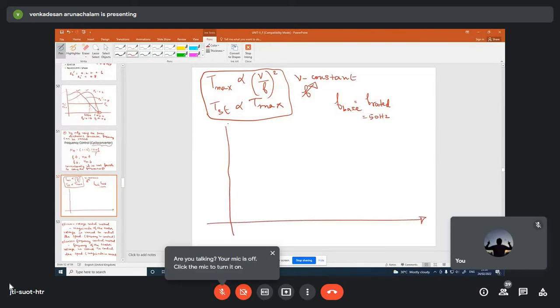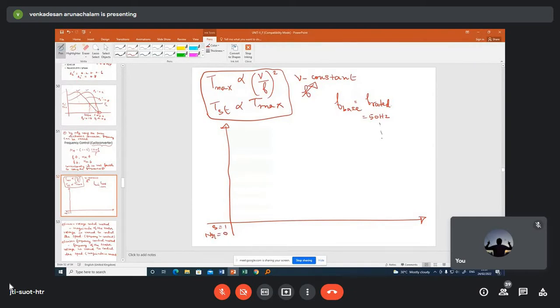So, you will get the normal torque slip characteristic. Slip is equal to 1 here. The torque slip characteristic is sometimes called the torque speed characteristic. Anyway, you can call it the graph.